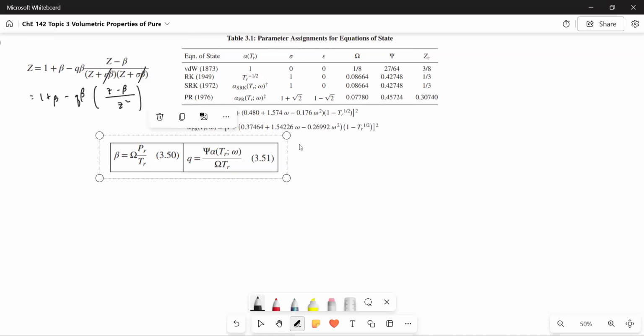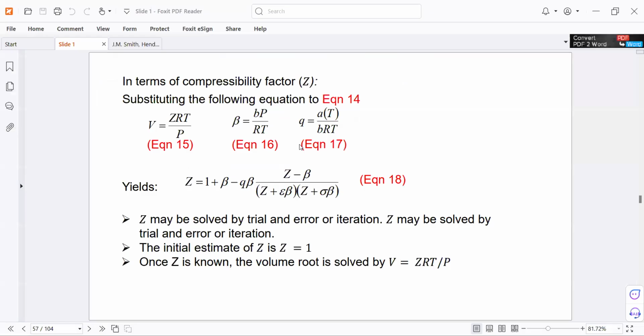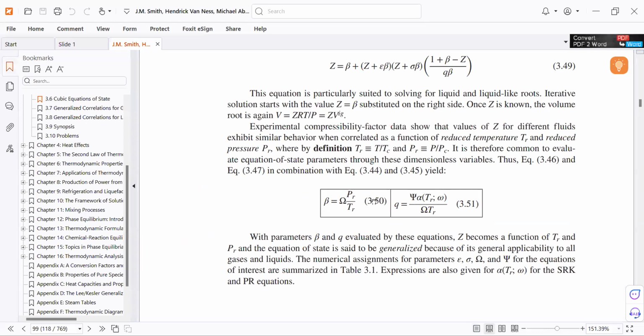Beta is, let me share that, BP over RT. Okay, BP over RT. But you can also use that one. Another version, you will get the same answer. I tried it. I think this one is easier to use, so let's use that.